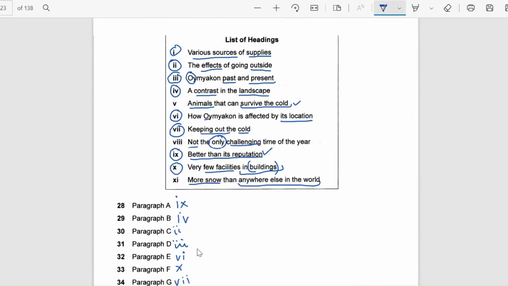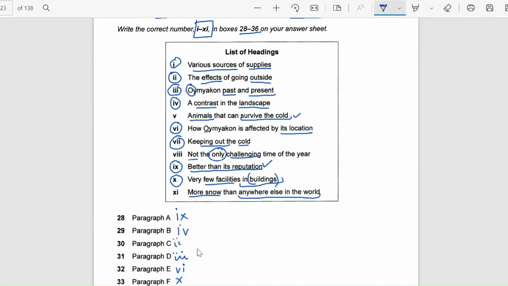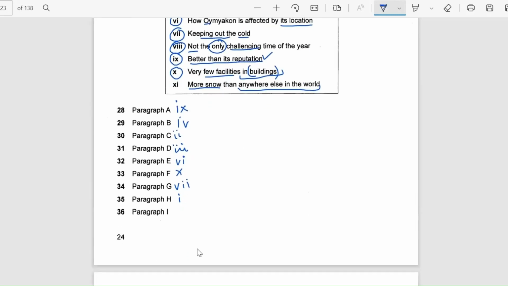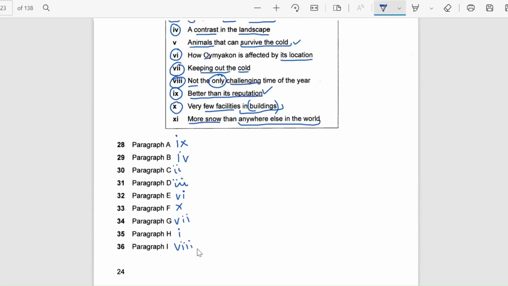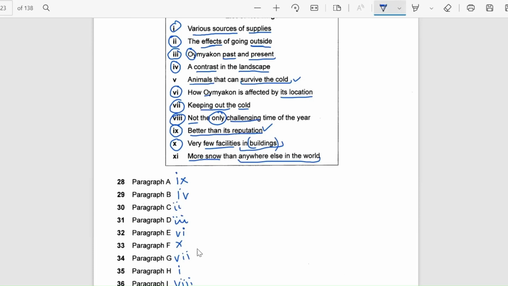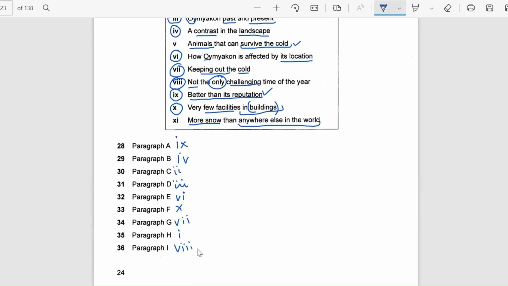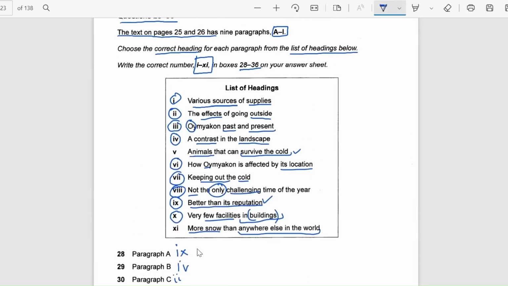So when I remember, there was something like "not the only challenging time of the year." So number 8 is what I would definitely go for. And now you can clearly see we had 11 options for 9 questions, and these 2 options we have left. Okay, great.